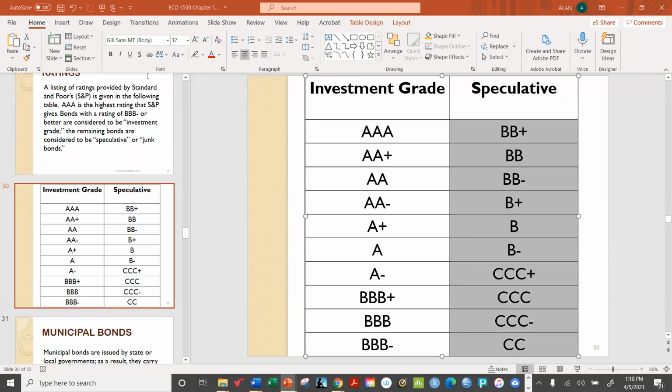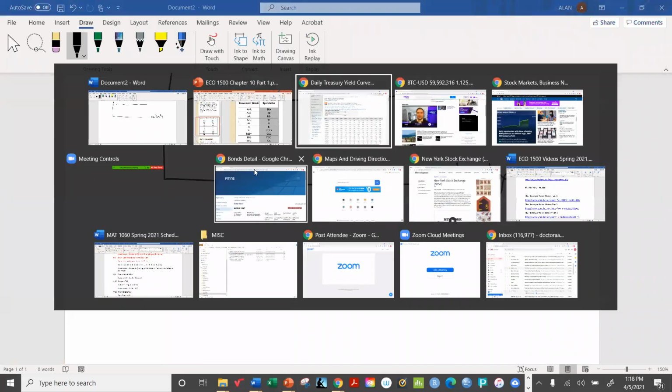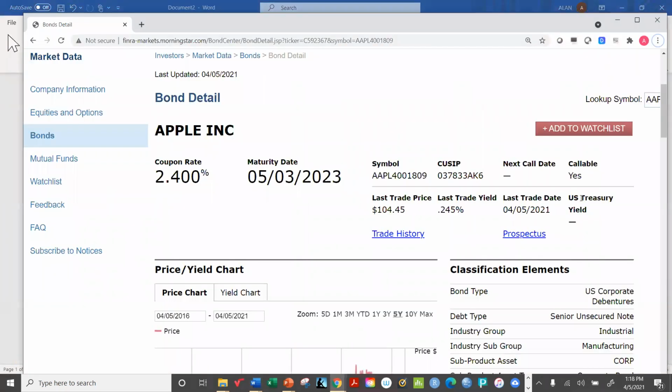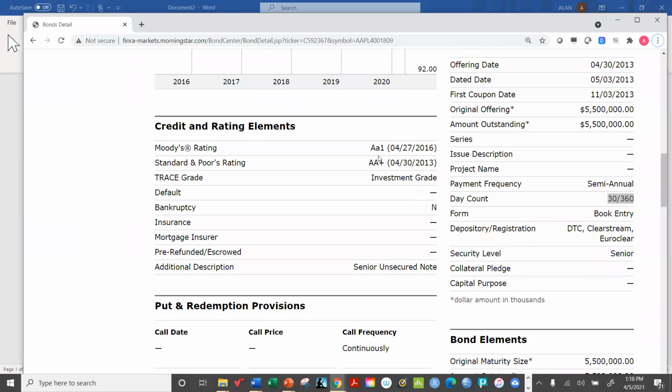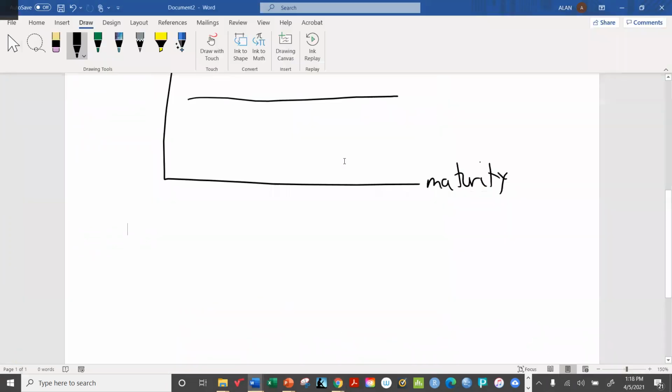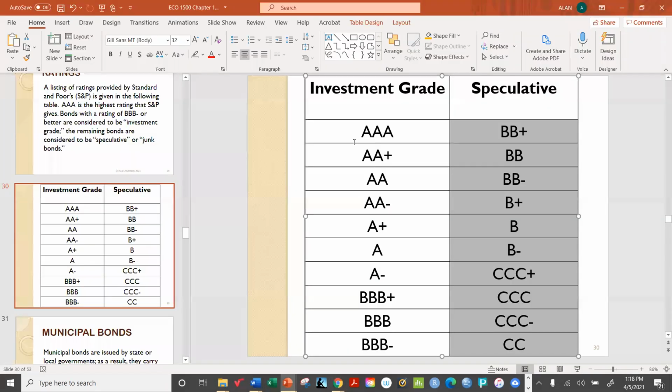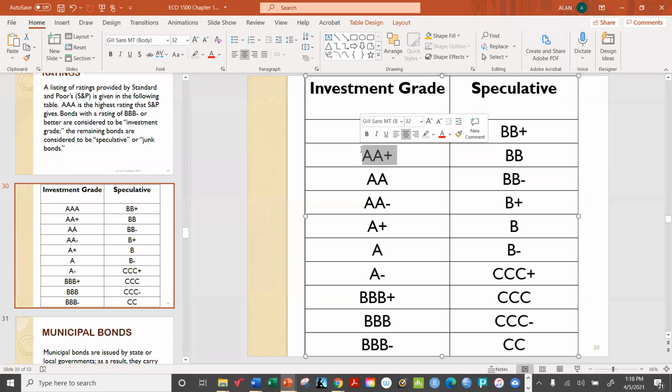So if we go back to Apple real fast, you notice their rating from S&P is AA plus, which puts them at the second highest rating that they have. I'm not quite sure why they're not AAA, but they're awfully, awfully close. And so it turns out that the coupons offered by bonds depend on these credit ratings.